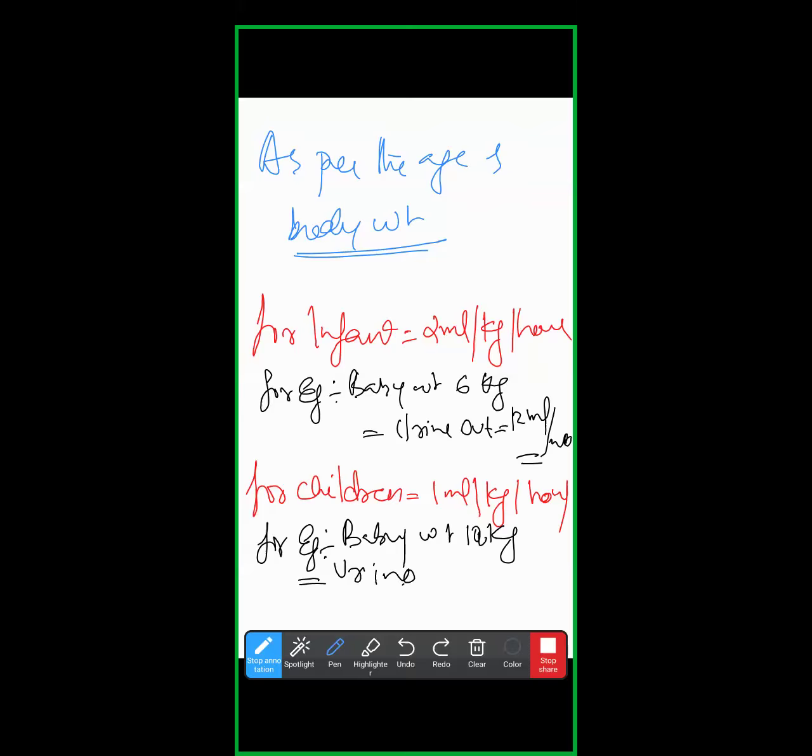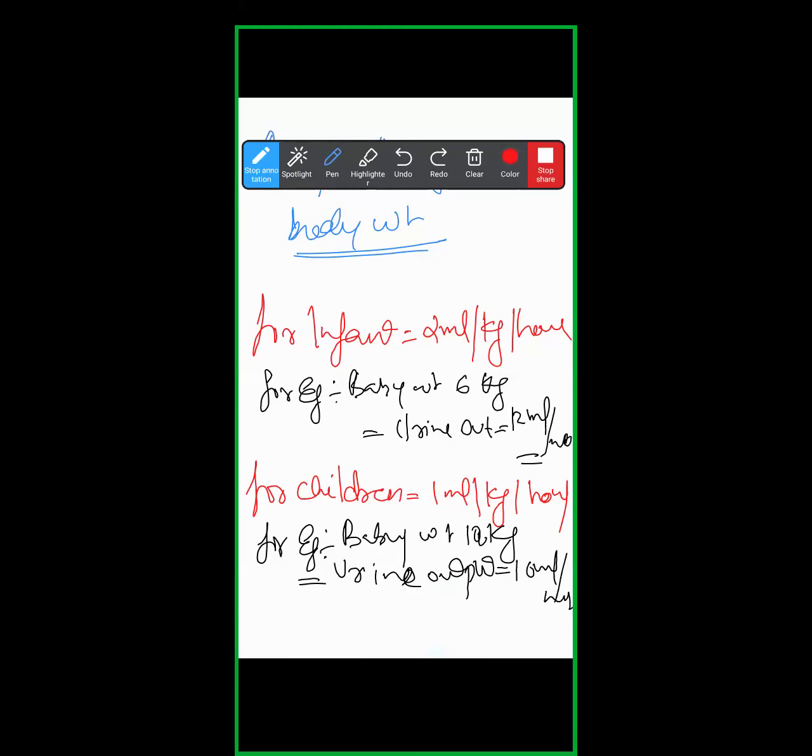And for adults, it is 0.5 ml per kg per hour. For example, 80 kg means urine output is 40 ml per hour.